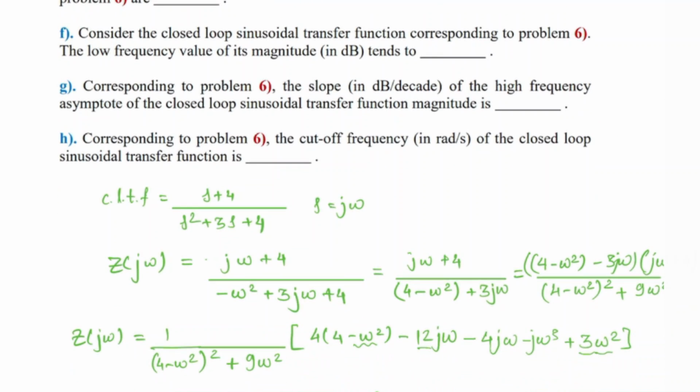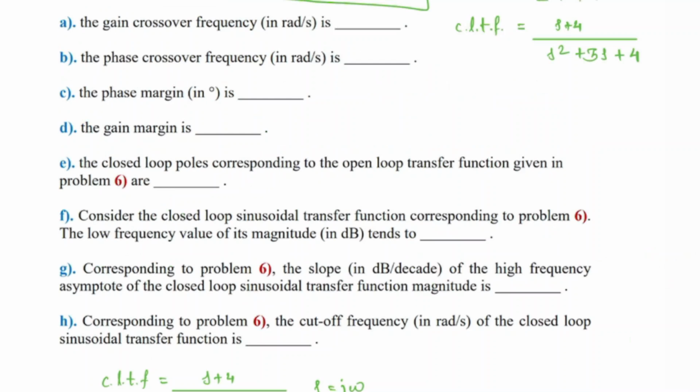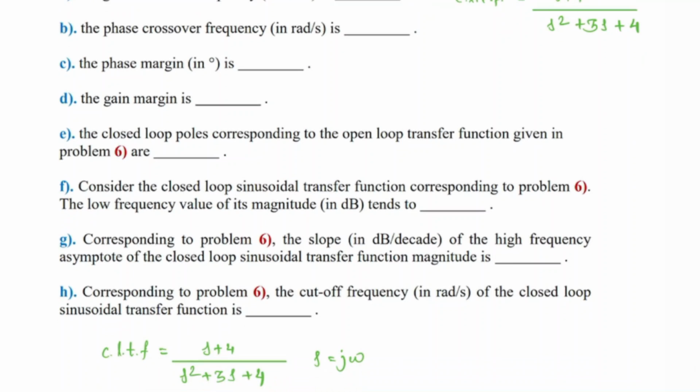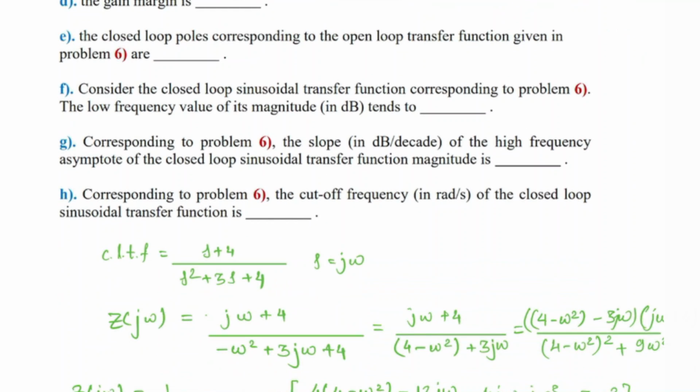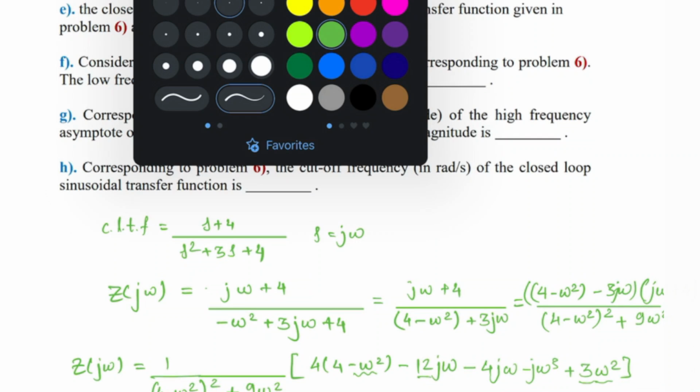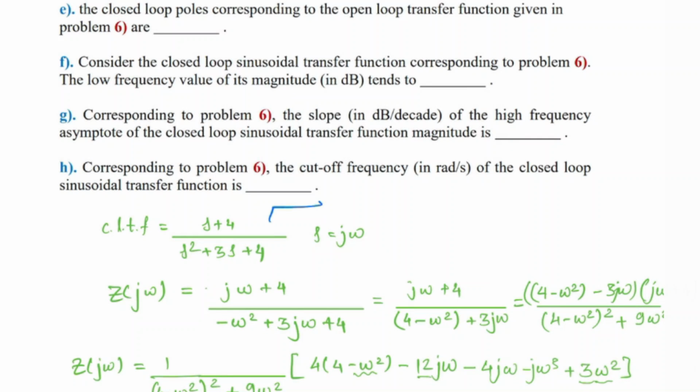Now we are asked the closed loop poles corresponding to the open loop transfer function given in problem 6. Pardon my numbering, this turns out to be number 6. So the closed loop transfer function is given here. Poles would be the roots of s square plus 3s plus 4.